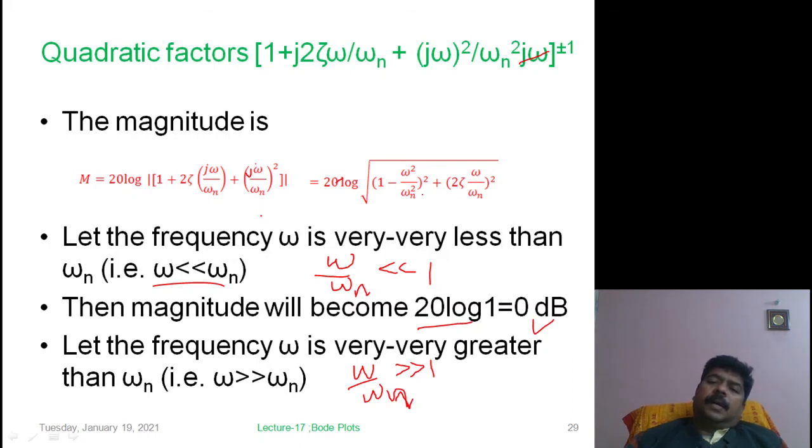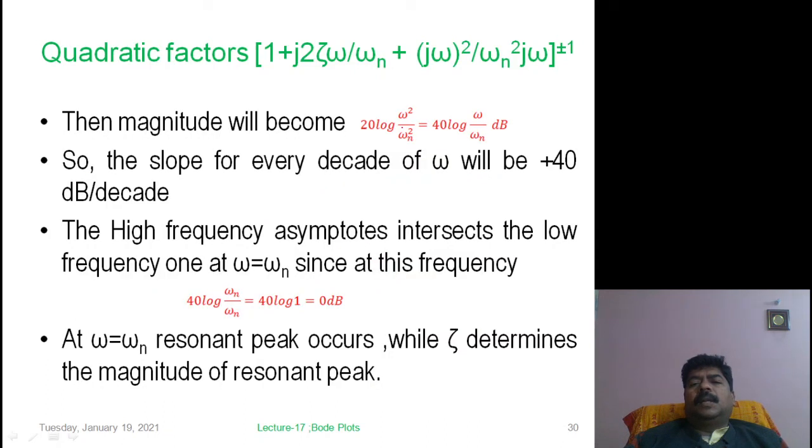This becomes of the order of 4, while this remains of the order of 2, so this can be neglected. So one can write 20 log omega square by omega n square, or 40 log omega by omega n in dB.